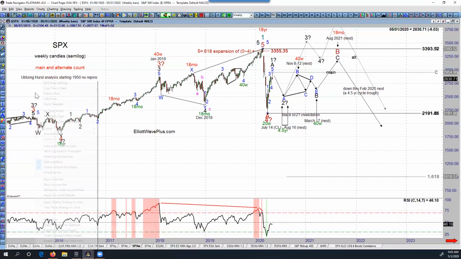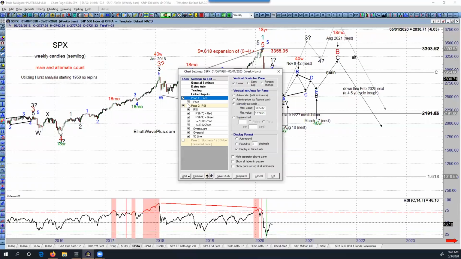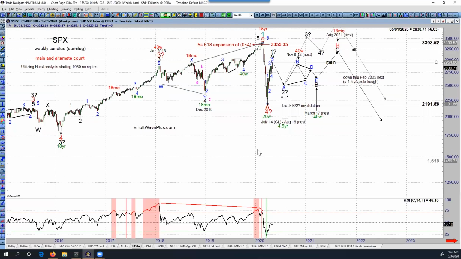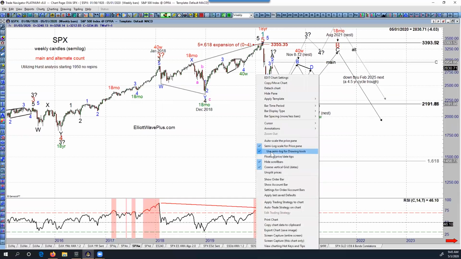So I'm going to put this back in semi-log mode. By the way, just because your chart's in semi-log mode doesn't mean your tools draw in semi-log mode. So you'll notice something here in just a second, that I have something checked here, use semi-log for drawing tools. So just because you have your chart in semi-log mode on some platforms doesn't mean that your drawing tools are too.